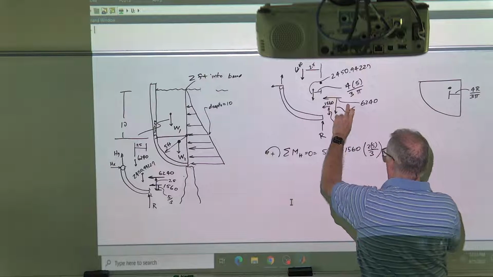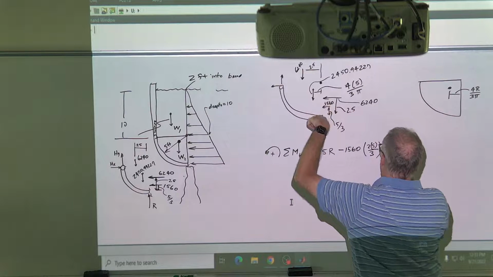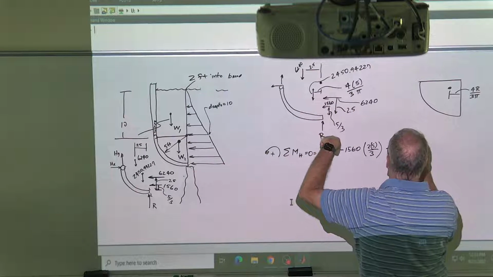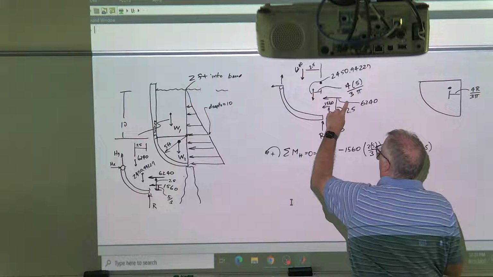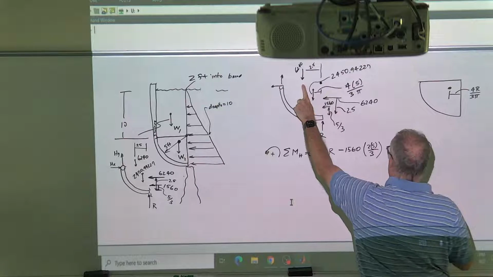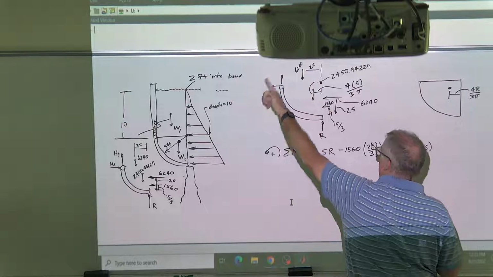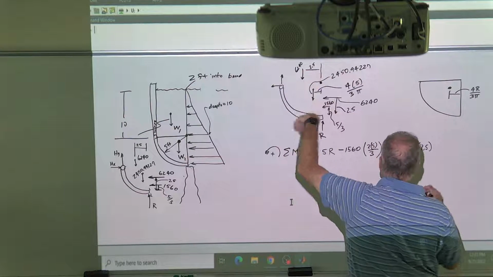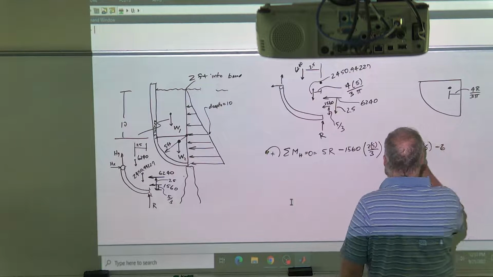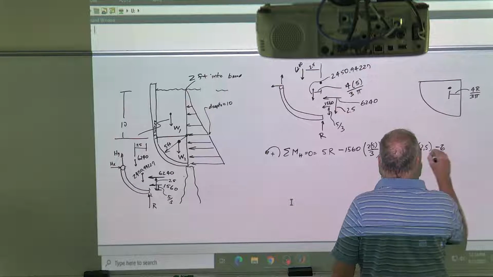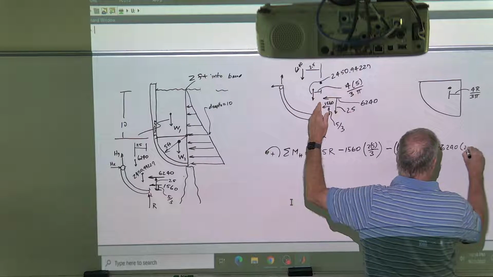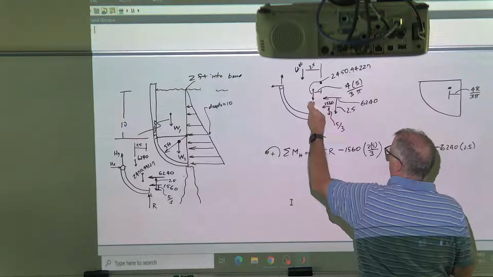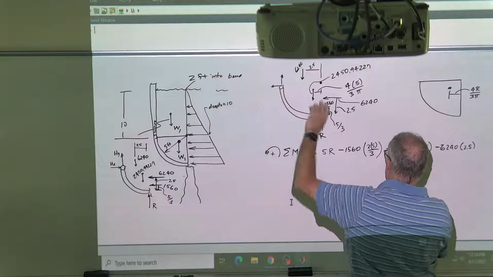Then I got this 6240. It's going the opposite way, and it's 2.5. And then I got this one, which is going that way as well, 6240, and it's 2.5. And then I get this one, which is minus as well.